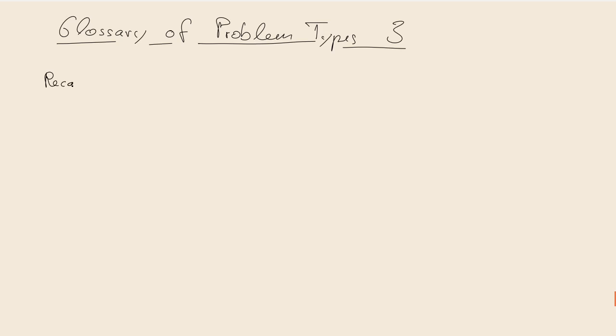So, we've already had two extensions, or two slides, on problem types. So that's the third. What we had was the, say, classic problems to distinguish them from parameterized problems.